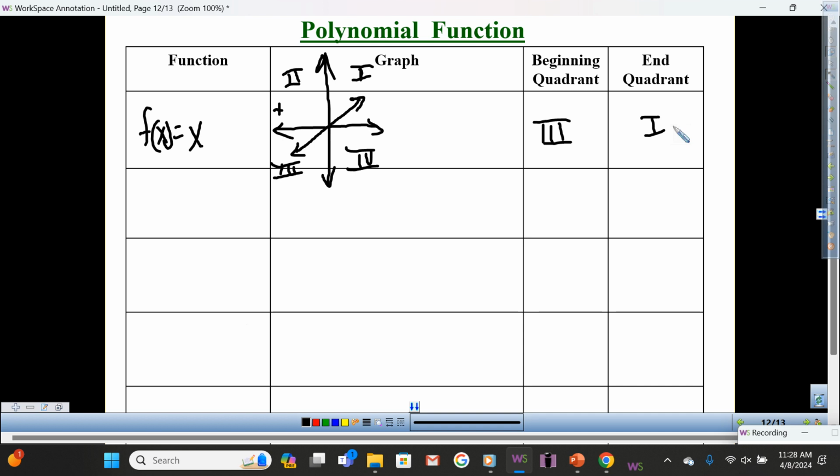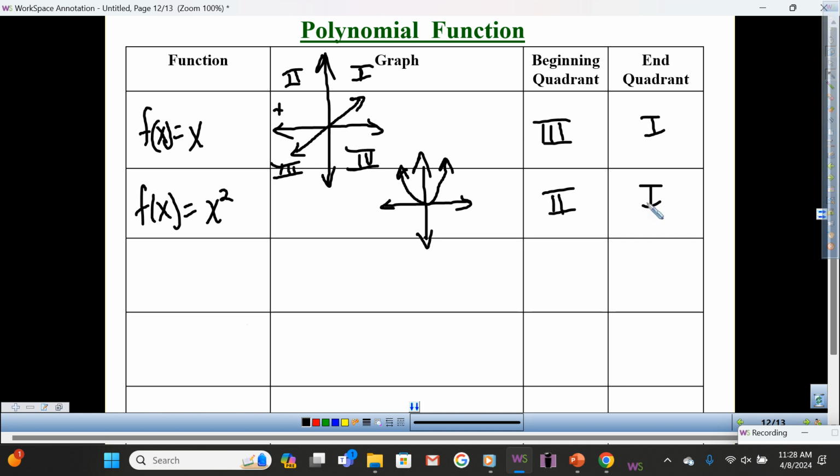Quadrant 1. Is that correct? From there, if we go to f(x) = x squared, here's my coordinate plane. Here's my parabola. What quadrant does it start? At quadrant 2, and it ends at quadrant 1.